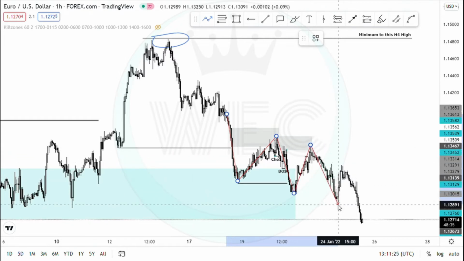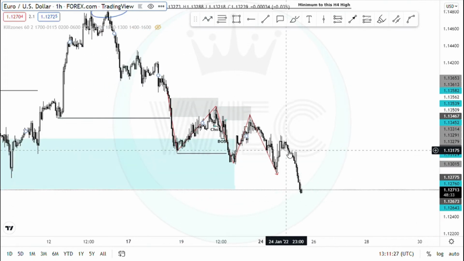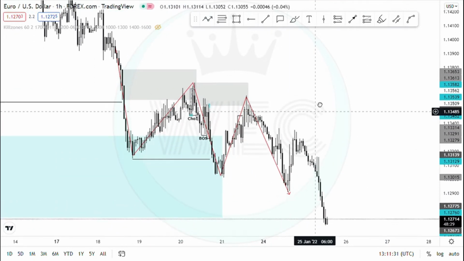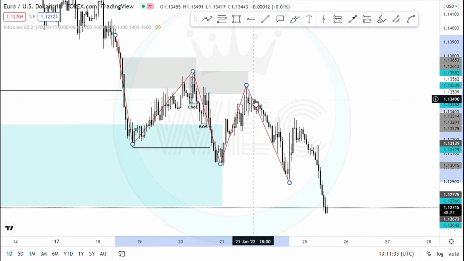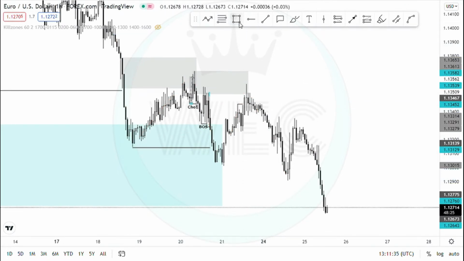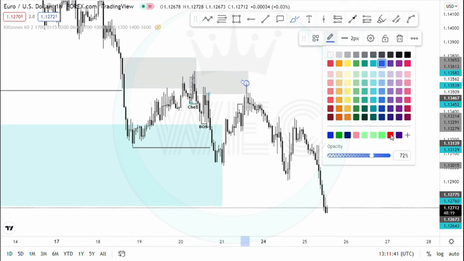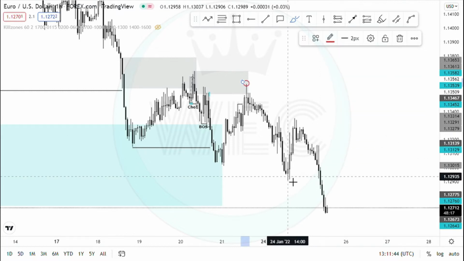After realizing this H1 structure, I was working within this H1 leg. Let me change this to red.